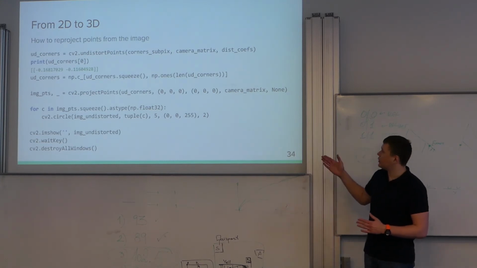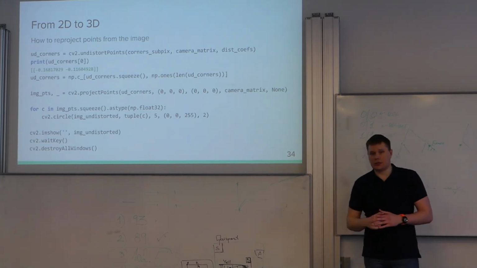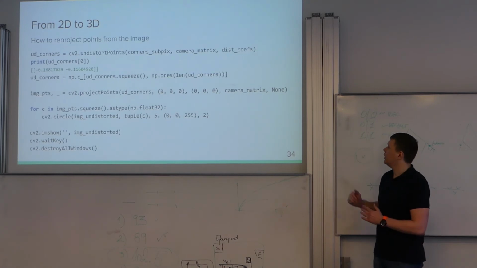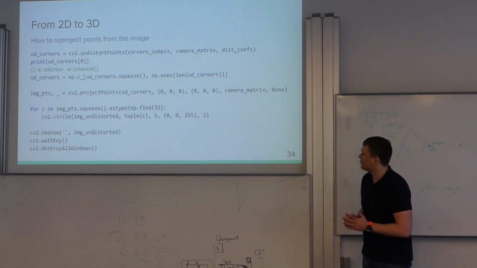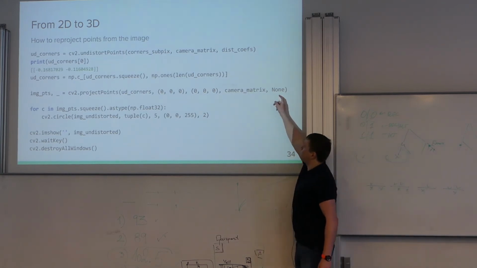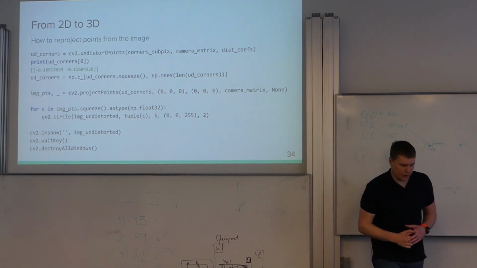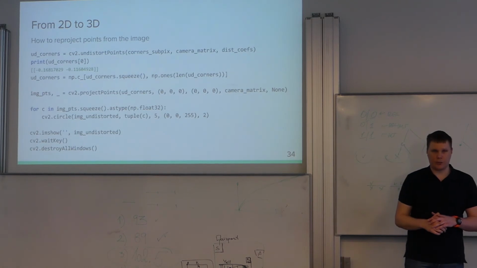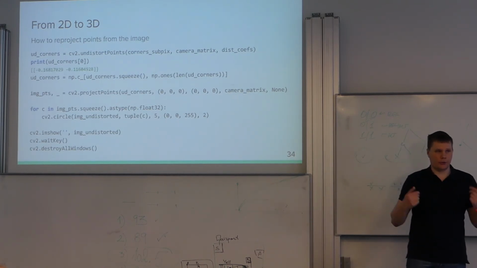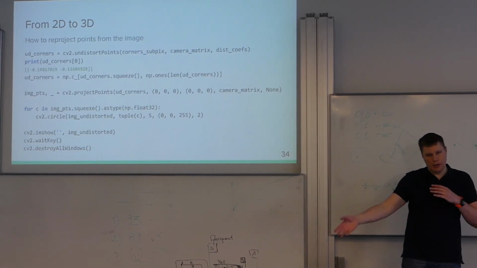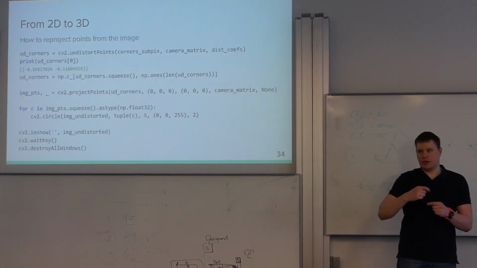It takes our 3D points, our translation and rotation vectors, and also the camera matrix and distortion coefficients. Here I passed zero distortion coefficients because I want to project them back to our undistorted image. We removed our distortion and we can project to our ideal image.